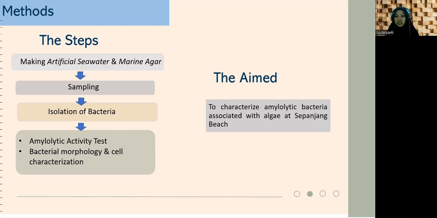The growing bacterial colonies were counted and purified based on the shape, color, and size of the colony. Every single colony was isolated into tilted TSA media for further testing.